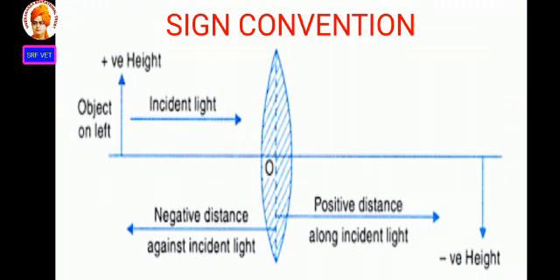The distance measured upward and perpendicular to the principal axis is taken as positive. Then downward and perpendicular to the principal axis is taken as negative. Clear?